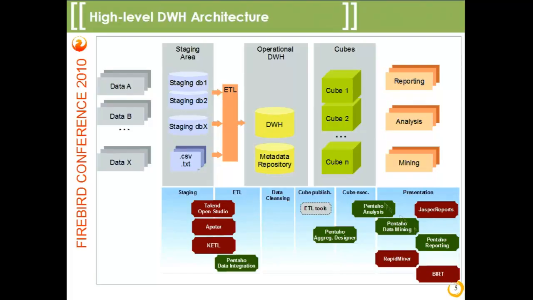Then what was described here is the Pentaho Analysis. That's the Mondrian part. That's the OLAP engine, which executes the OLAP queries against the defined cubes. I will show you the user interface, how the cube can be defined from the existing database table.